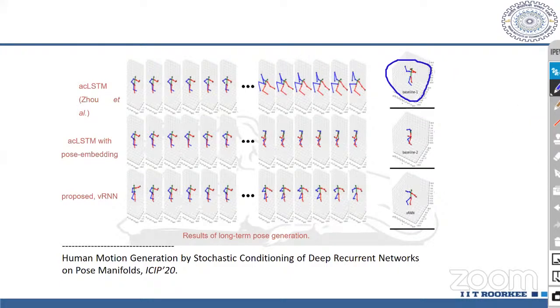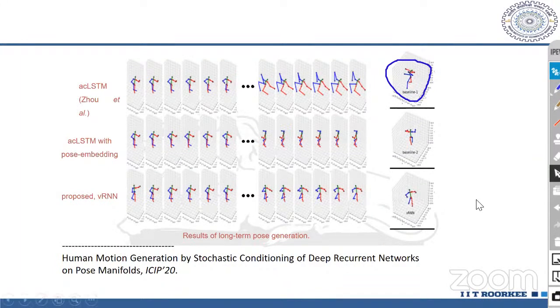You concentrate here: because of the elongated hands and legs, the animation is not so good. Whatever they have generated, whatever prediction they have made, is not so good.